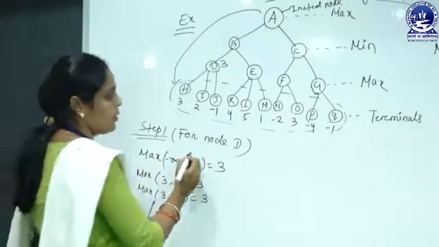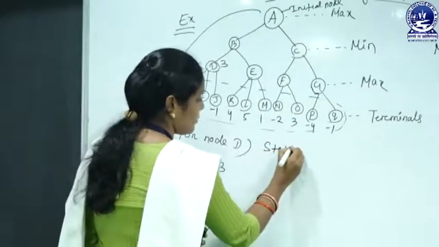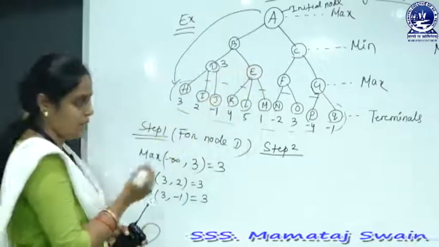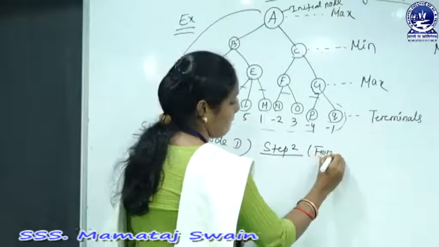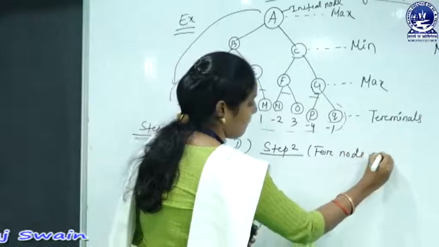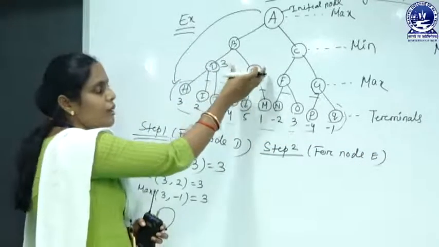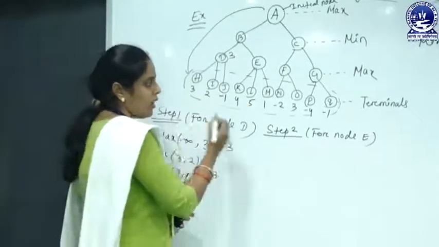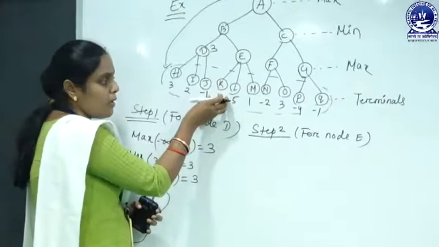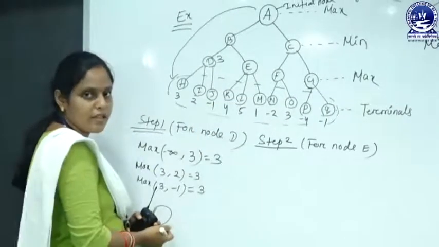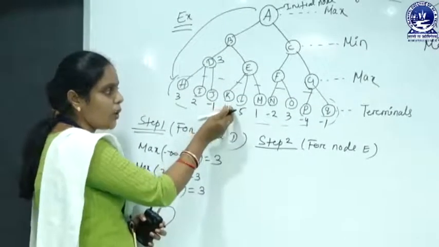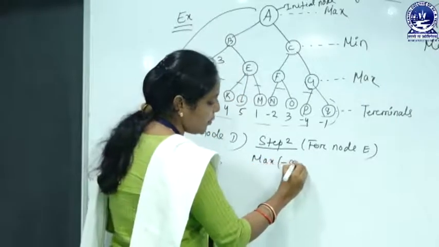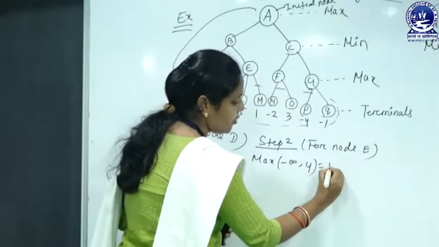Next, in step 2, we take the node E. For node E, here we also calculate the utility value. Now compare the terminal value with the maximizer initial value. That means here 4 is compared with minus infinity, that is max of minus infinity and 4. Here the maximum value is 4.